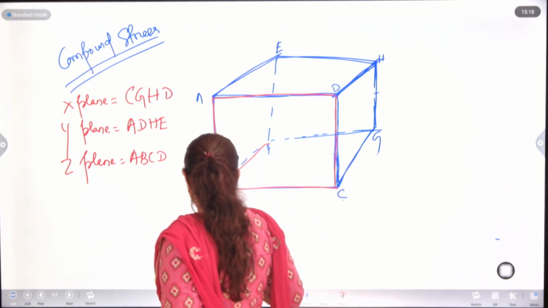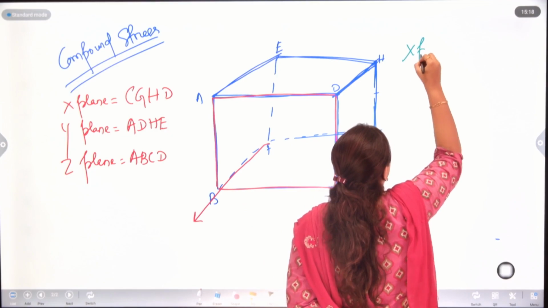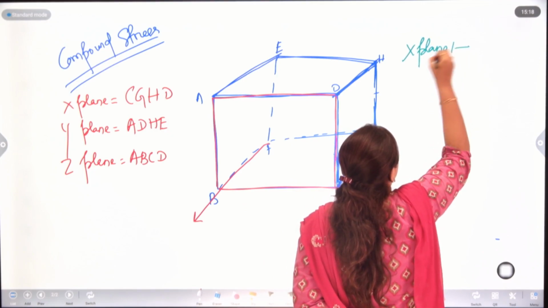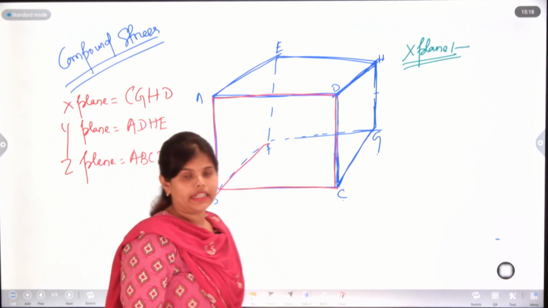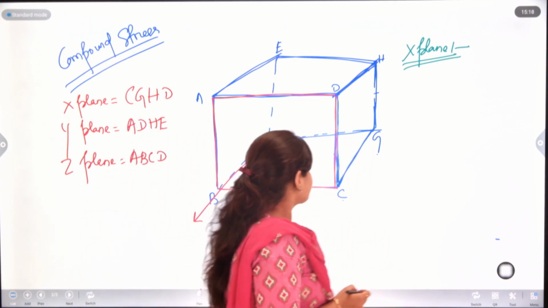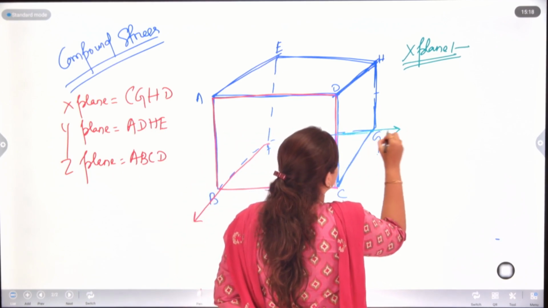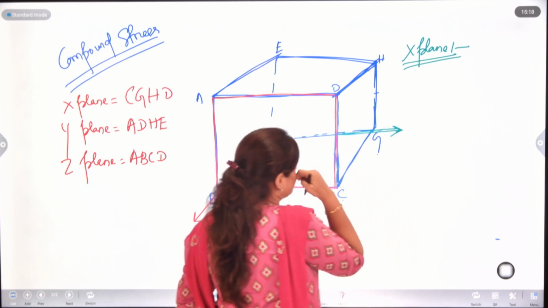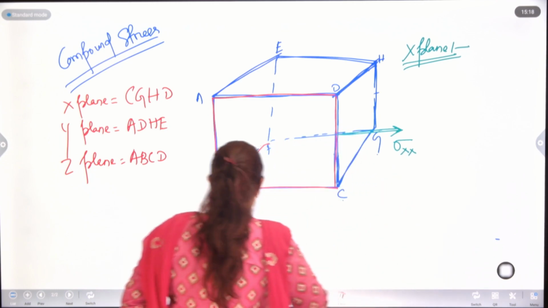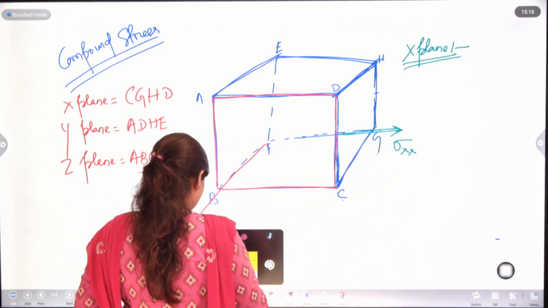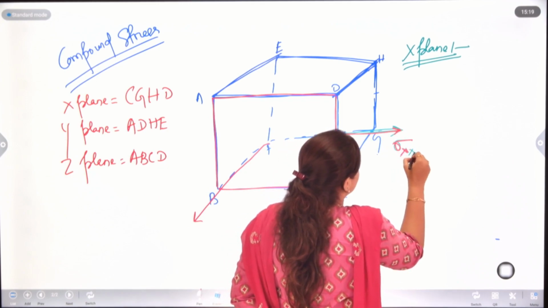First we will take the X plane. In the X plane, one normal stress will act in the X direction. We will term that as sigma xx.